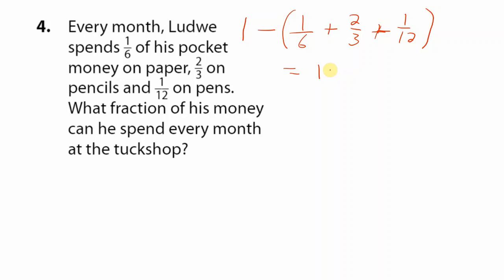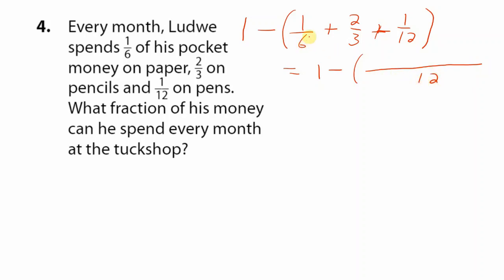So we have in fact 1 minus, according to BODMAS, the first two brackets. Since we are adding, we need something common. Well, 6 can go into 12, 3 can go into 12, 12 can go into 12. So 12 will work as our common denominator.